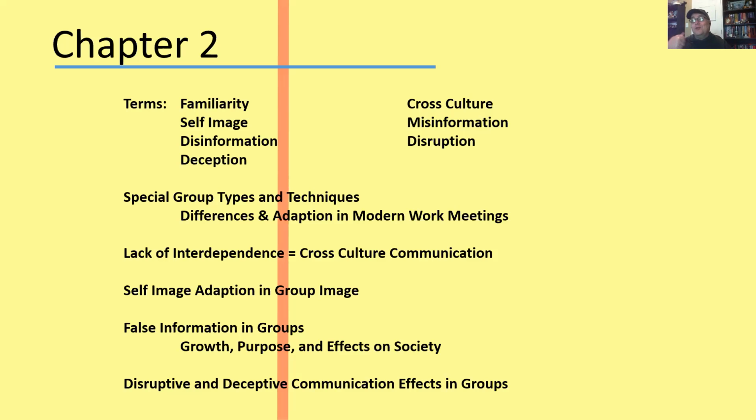You're not going to get along. So group image is an important part of it. Your book talks about it and introduces the idea. I just wanted to give an official term for it and set it up so you can understand it. It's like when you use an analogy in a speech or a paper to explain something. In this case, the analogy is self-image, how we see ourselves, and how it relates to another area, which is the group image. All right, so that's one of the reasons why I did it.